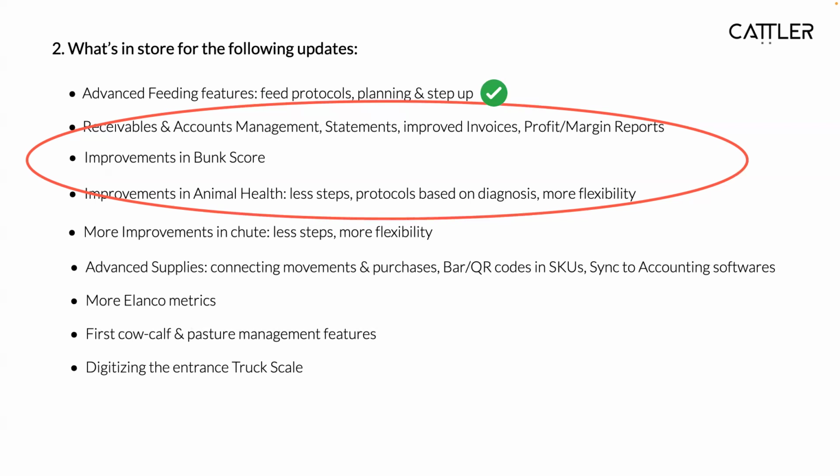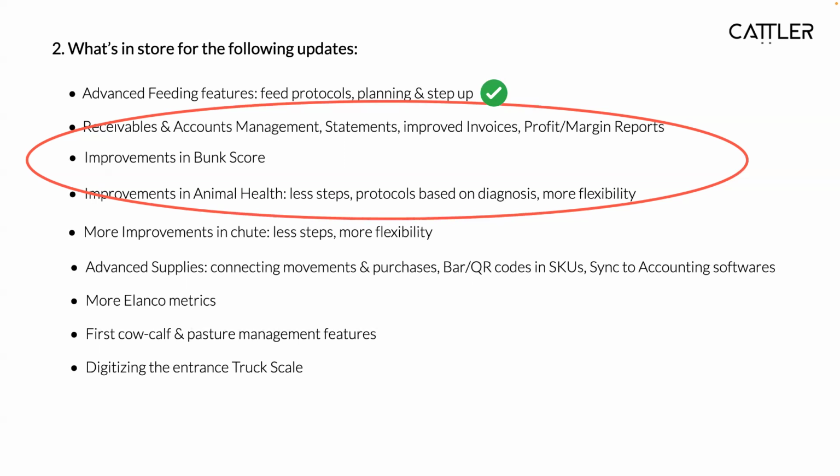But now we're focusing on helping custom feeders with a good account management section with receivables and billing and statements and improved invoices, because people have been giving us suggestions on how to improve the invoices, and the first report on profit or markup.